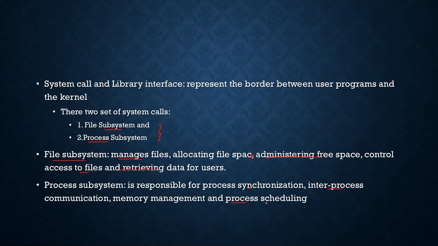What is a process? Yesterday we saw that a process is a program under execution. What is the next program to be executed? All this takes place through the process subsystem. So these are the system calls.